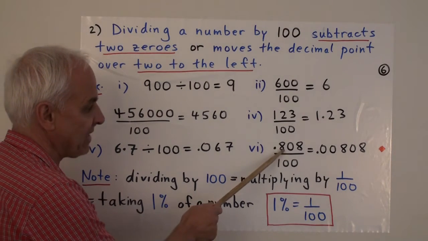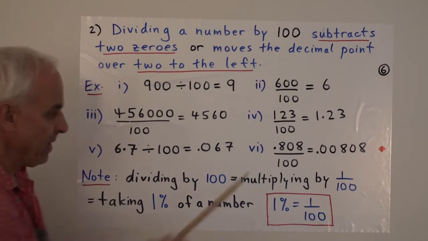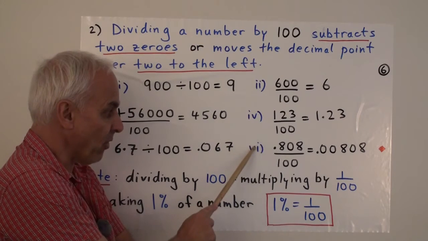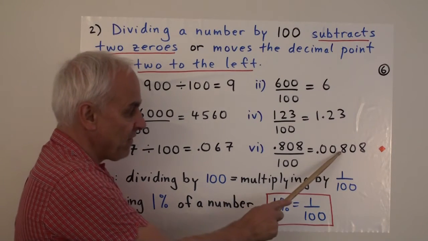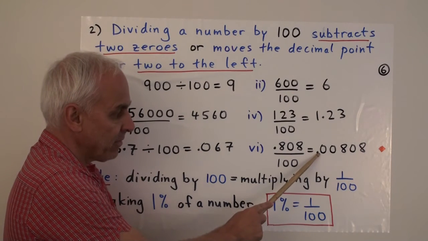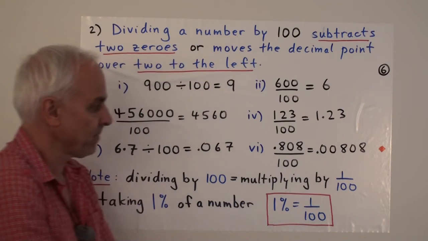And 0.808 divided by 100. Here the decimal point is there. We're going to have to add 2 zeros on the left to give this decimal place somewhere to move to. So we get 0.00808.